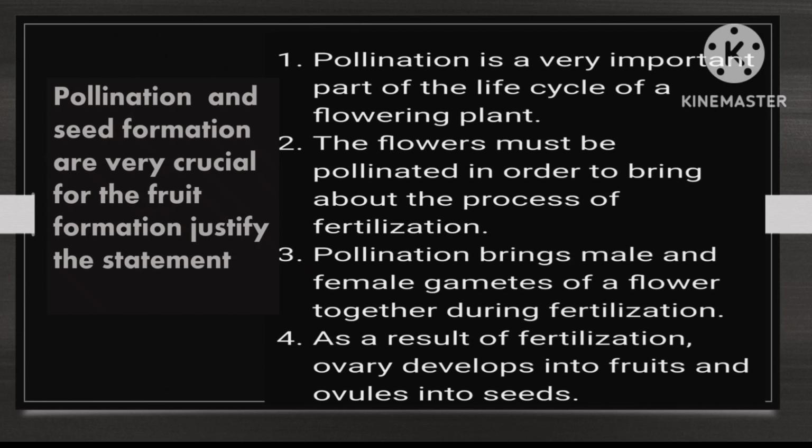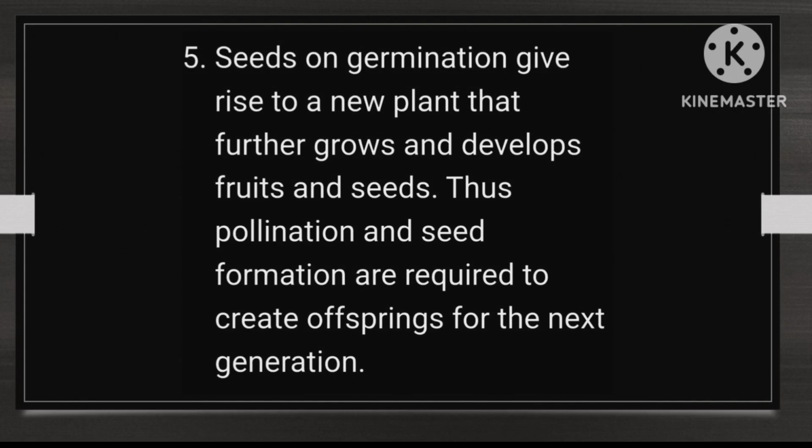Fourth, as a result of fertilization, ovary develops into fruits and ovules into seeds. Fifth, seeds on germination give rise to a new plant that further grows and develops fruits and seeds. Thus, pollination and seed formation are required to create offspring for the next generation.